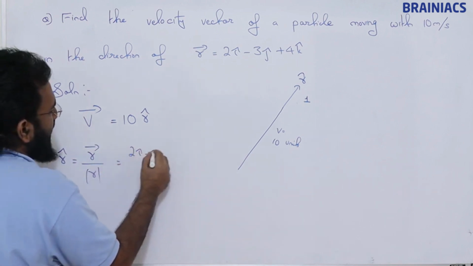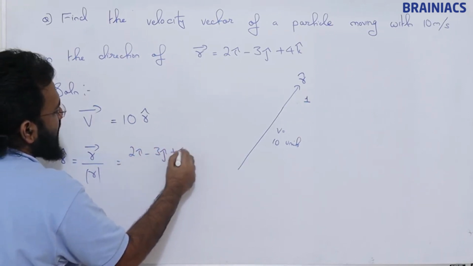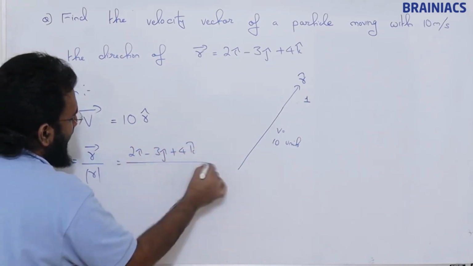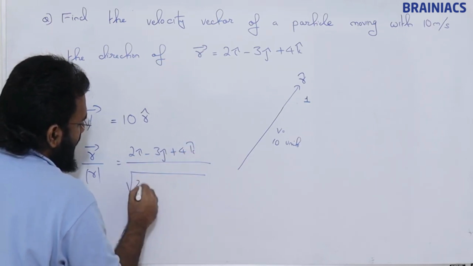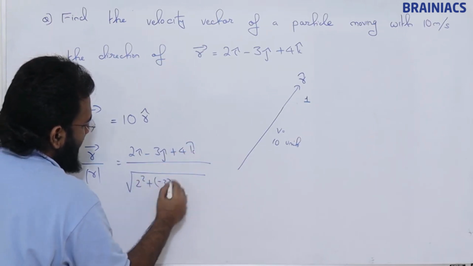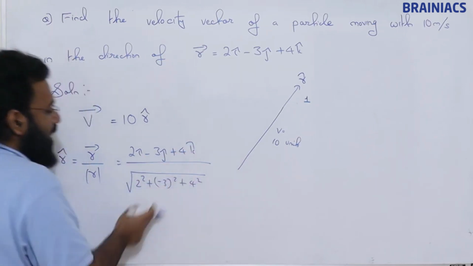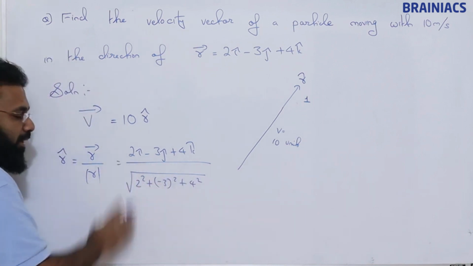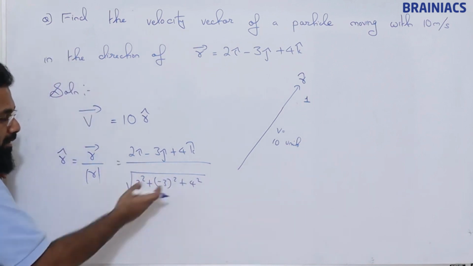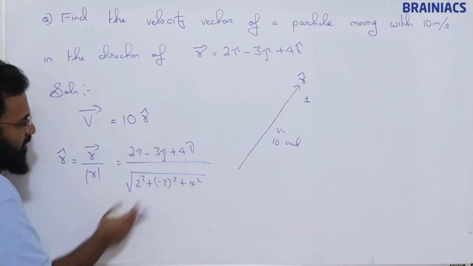So (2i minus 3j plus 4k) divided by root of 2 square plus minus 3 square plus 4 square. I am writing minus 3 all square for your understanding. It is not going to make any difference if you write plus also.